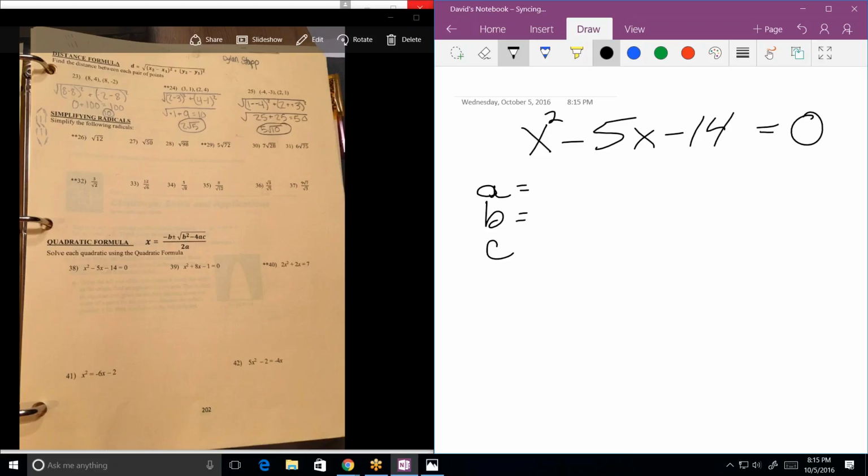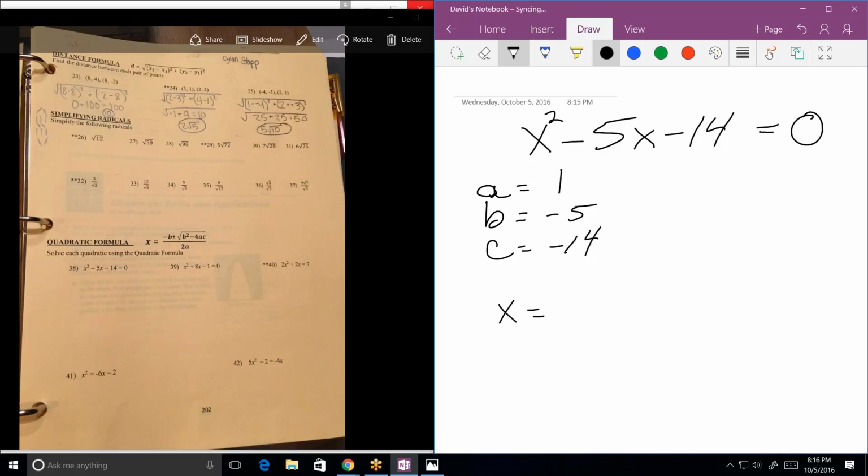For x squared, the coefficient is just 1. So a is equal to 1, b is equal to minus 5, and c is equal to minus 14. Now plug in.